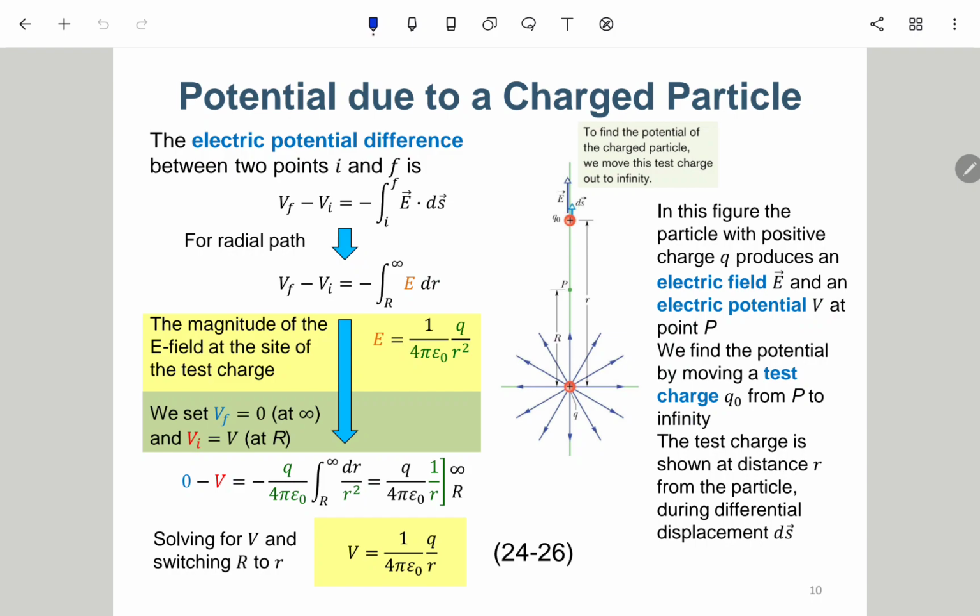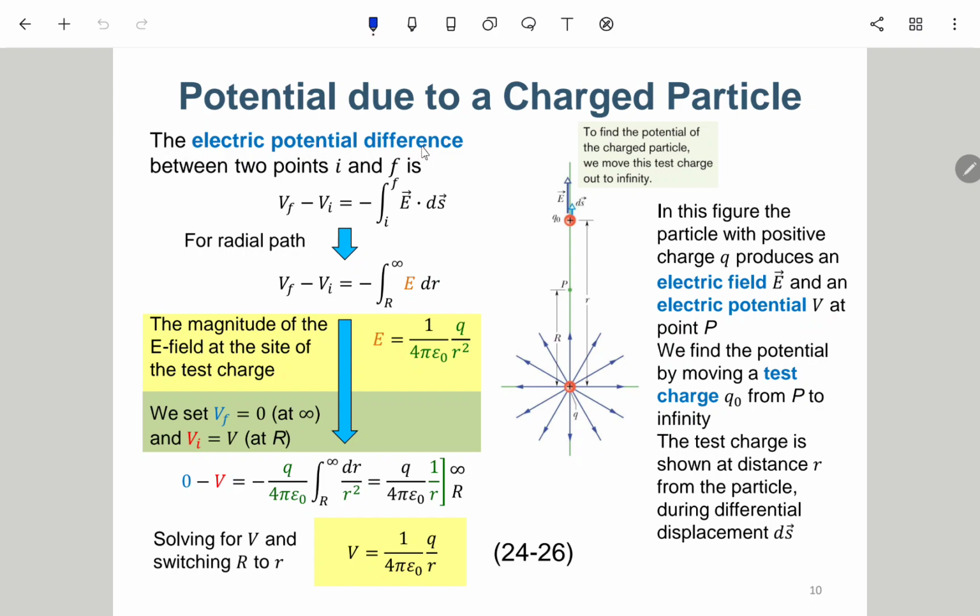Okay, so here we talk about the potential due to a charged particle, which is also the easiest case, but this time it doesn't look that simple. We need some integration here.